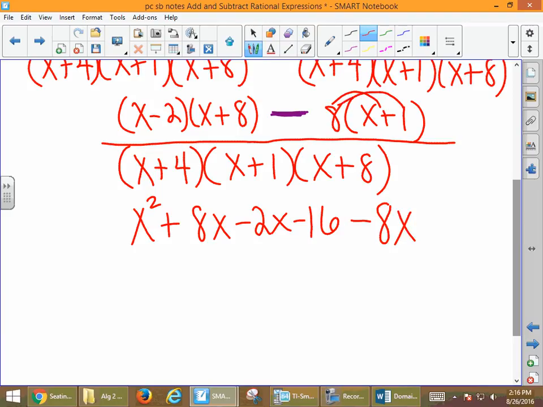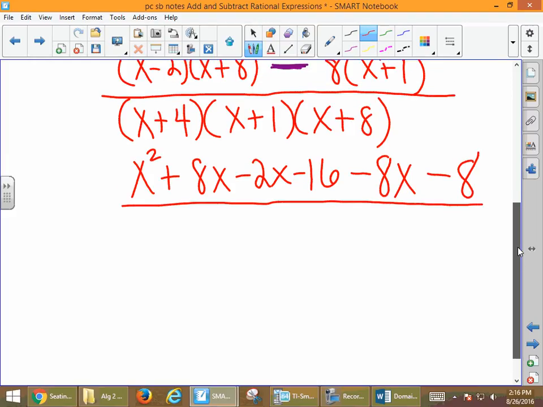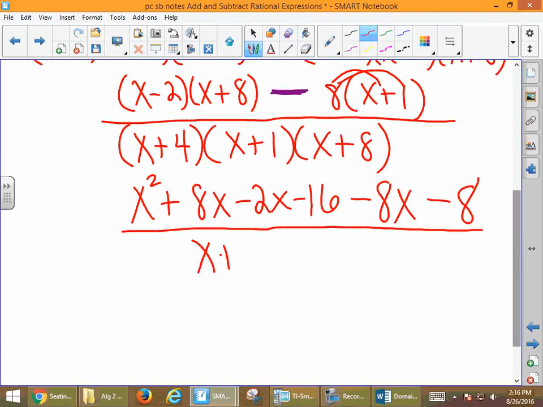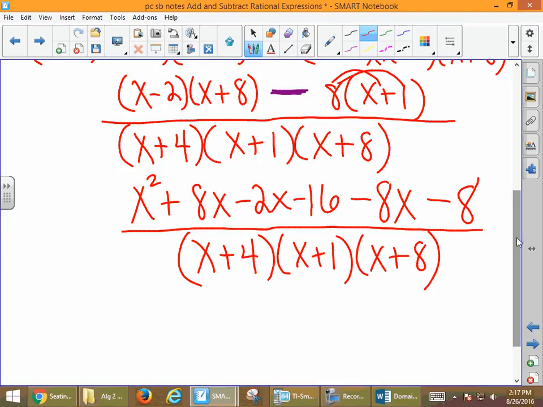Negative 8 times 1 is negative 8. And that's what people tend to miss if they miss something. Denominator, not going to change. X plus 4, x plus 1, x plus 8.